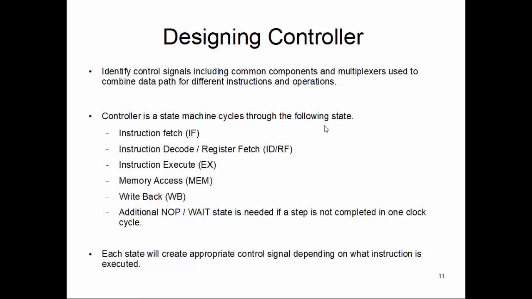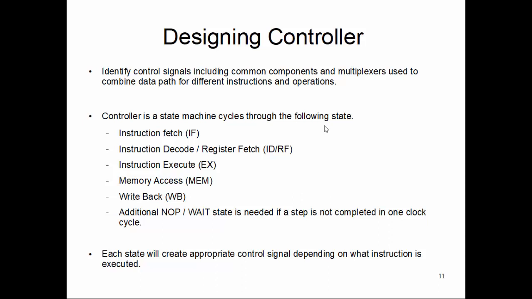Also, the controller is a state machine. It cycles through these 5 states. We have already discussed those states in detail at various points this semester. They are instruction fetch, instruction decode and register fetch, execution, memory, and write back, and there would be an additional no operation or wait state if needed, when a step is not completed within one clock cycle.